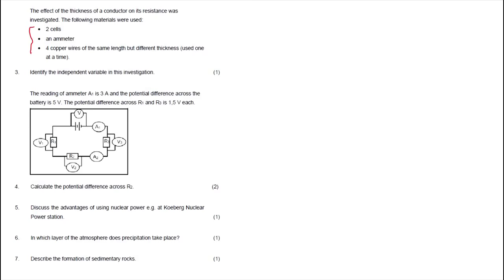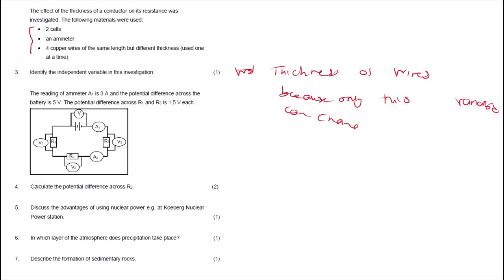The independent variable will be the thickness of wires, because only this variable can change.